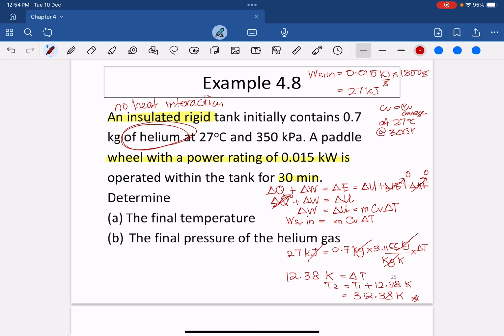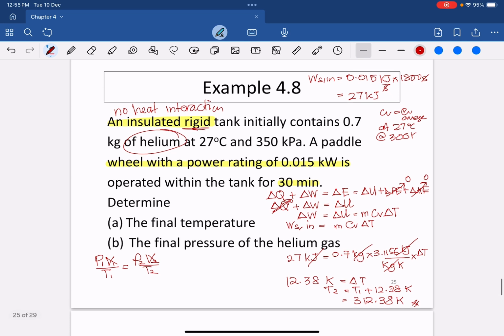Remember, helium is considered an ideal gas, so we can directly use the ideal gas equation relation: P1 V1 over T1 equals P2 V2 over T2. The volume is constant, V1 equals V2, because it is a rigid system. So we need to evaluate P2.